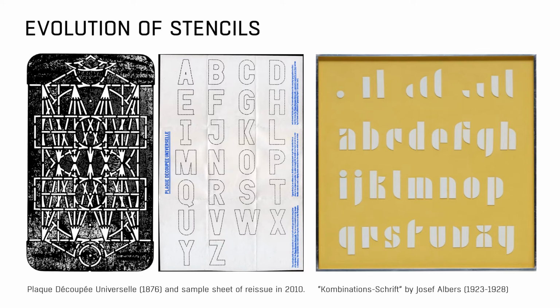The constructive logic is taken to its point of maximum abstraction by Josef Albers, who developed a stencil of only 10 shapes that could be combined with each other.